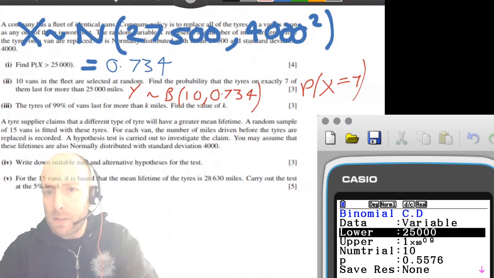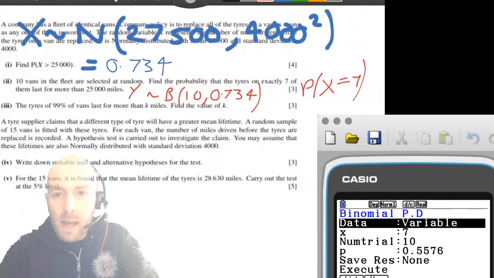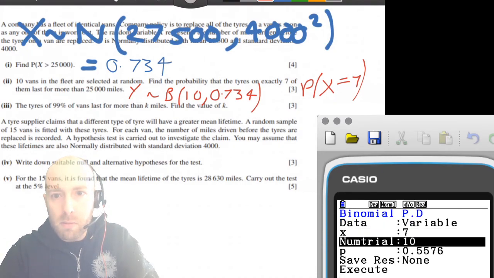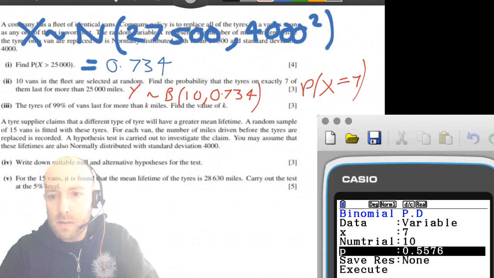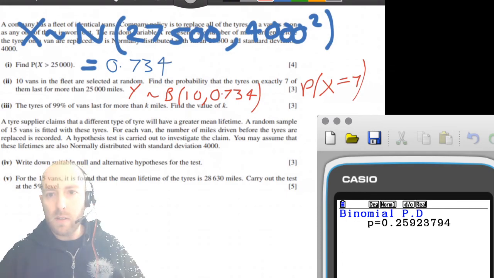Oh no, we want BPD because it's equals 7. So distribution, binomial, BPD. X is 7, number of trials is 10, and probability of success is 0.734 because it's the same probability as we found already in part A. So if you execute that, we get 0.259.